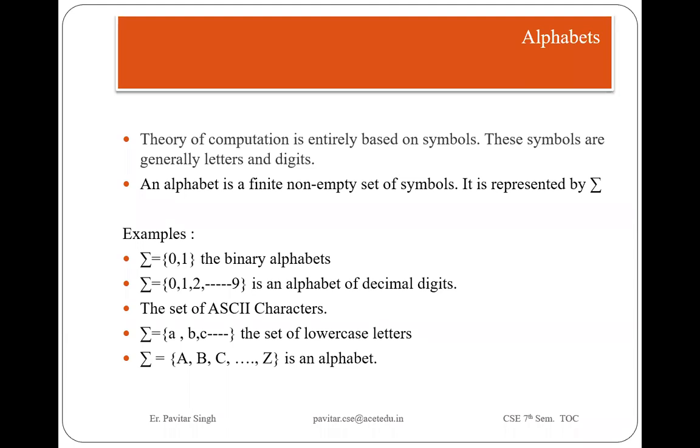You can see the various examples: 0, 1 binary alphabets, 0 to 9 decimal alphabets, the set of ASCII characters, small a, b, c the set of lowercase letters, and capital A to capital Z the set of uppercase letters.